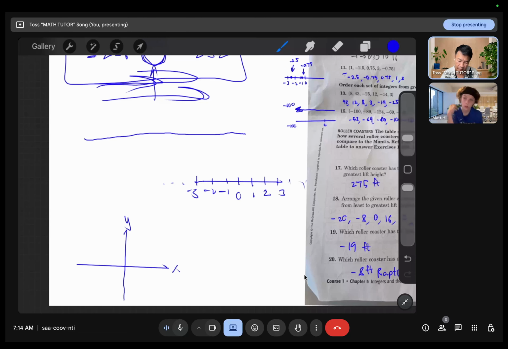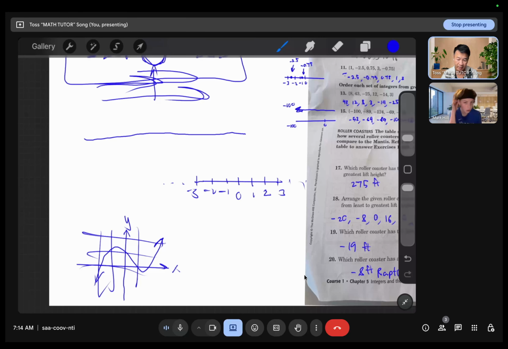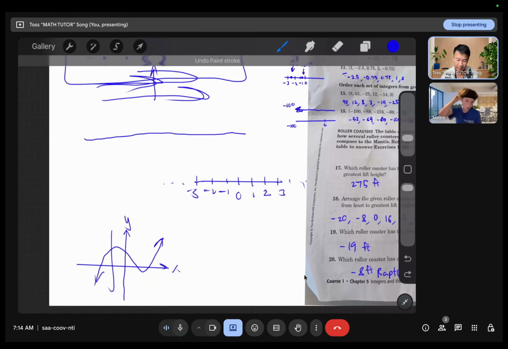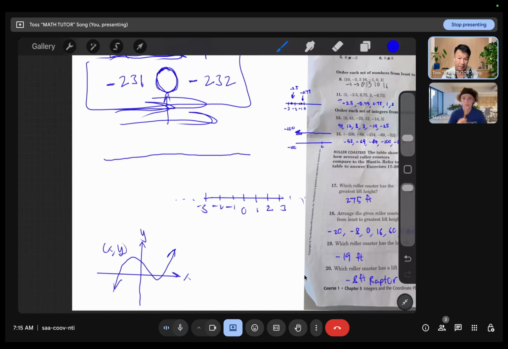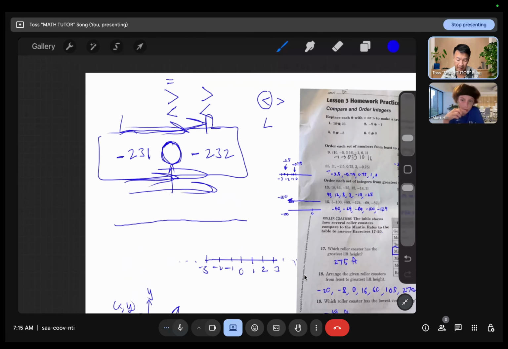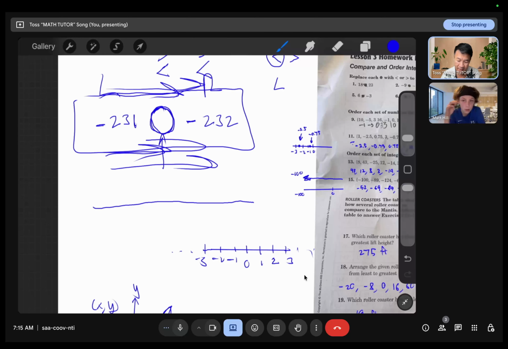Remember the graph that may look something like this. I'm making this up. This is the graph of the xy plane, and it's on the grid. Like x coordinate, y coordinate, x comma y. So we have to get here eventually, right? But right now, let's scan from left to right. So you're saying that this number is greater than that number.